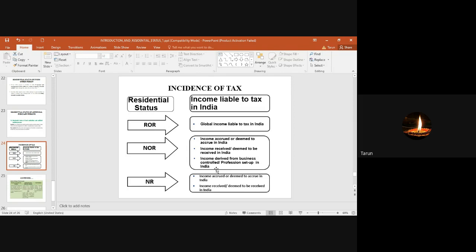It is very important to understand that whatever income a person, individual, HUF or company earns, whether it is global income or received, earned, deemed to be earned or deemed to be received, all this income is taxable. So it is always very important to show your balance sheet and computation of income, so that the tax authorities under the Income Tax Act 1961 can easily investigate every financial affair of the company.